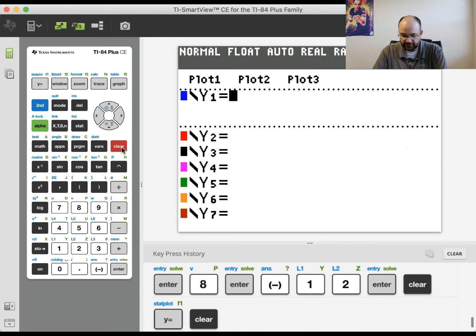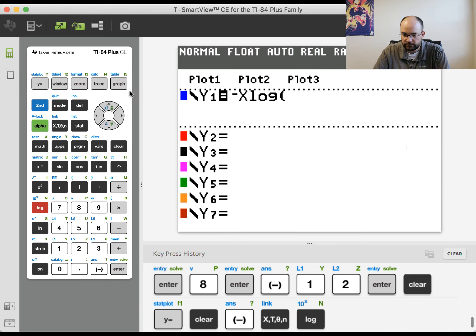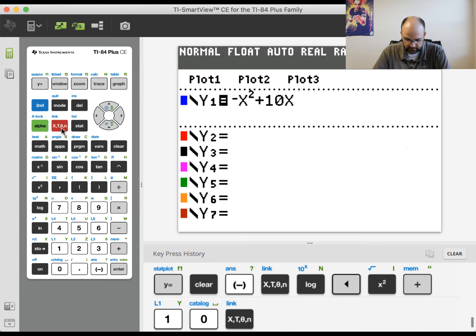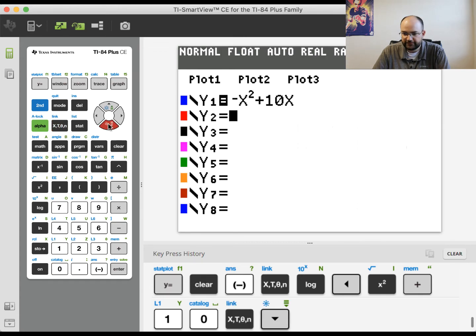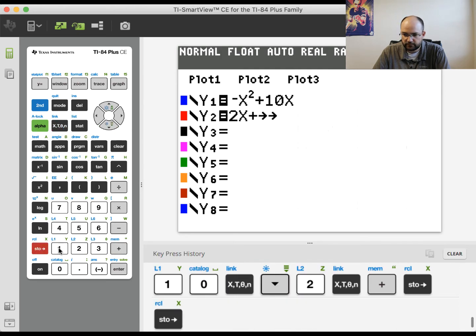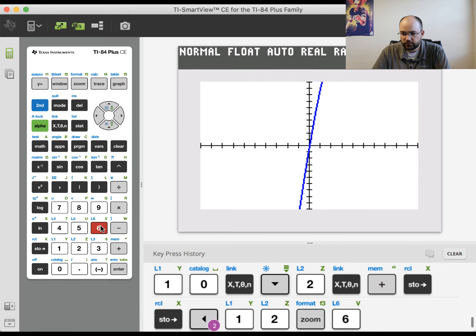So if I'm to graph this, I have negative x squared plus 10x for the revenue, and 2x plus 12. And then zoom 6 will graph it.